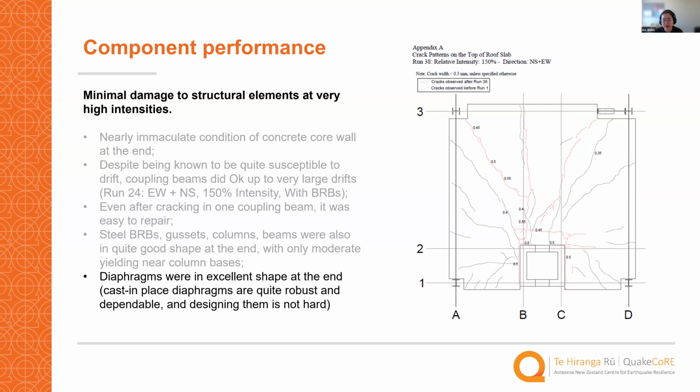So we can conclude that the cast-in-place diaphragms are quite robust and dependable, and designing them is actually not so hard. We just design them according to some strut-and-tie assumption, just like our industry does.